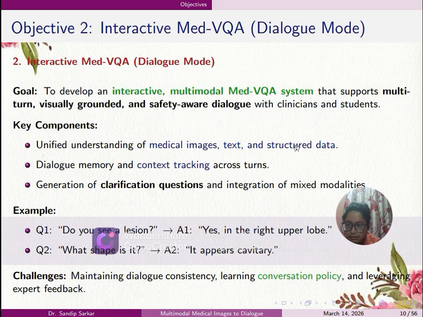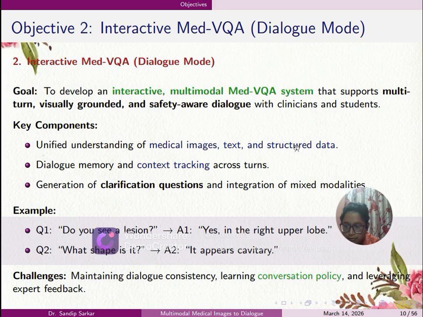Next, our second objective is the interactive medical VQA dialogue model. Objective 2 focuses on transforming medical VQA from simple question answering into a fully interactive multi-turn dialogue system. It is aligned much more closely with real clinical practice.